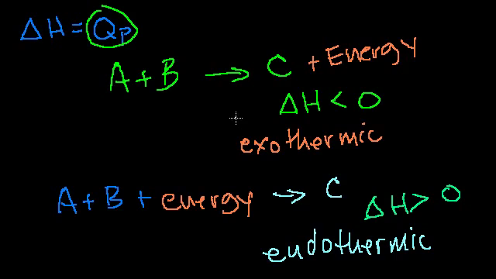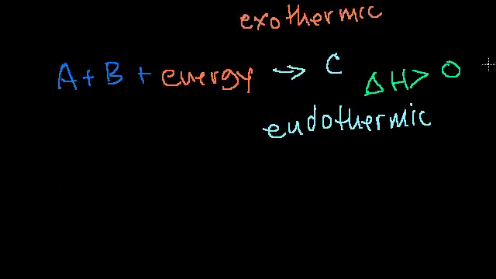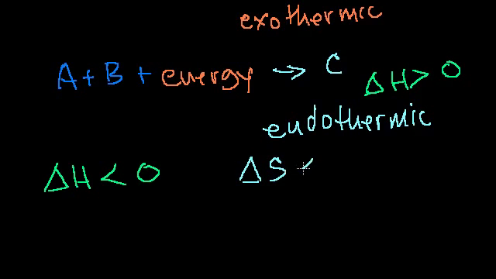So in order to build up our intuition of whether a reaction happens spontaneously, let's think about the ingredients that probably matter. We already know that delta H probably matters. If we release energy, delta H less than 0, that tends to make me think it might be spontaneous. But what if our entropy goes down?